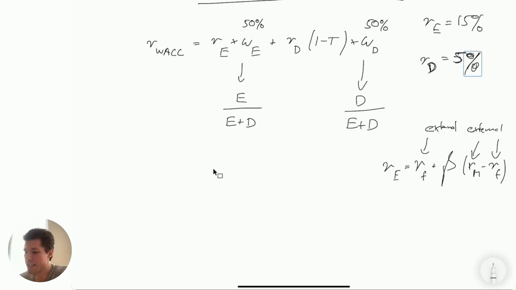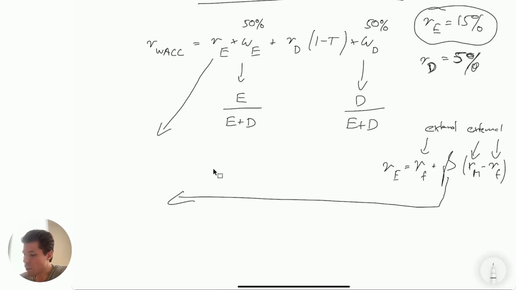However, at the same time, your cost of equity would not stay at 15%. It would go up. The reason is that your beta would increase. The risk-free rate stays the same, and the market risk premium stays the same, but your beta would increase because you increase financial leverage.